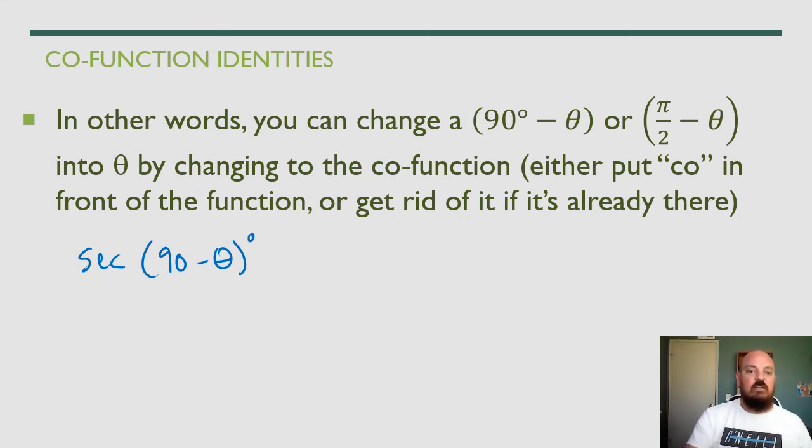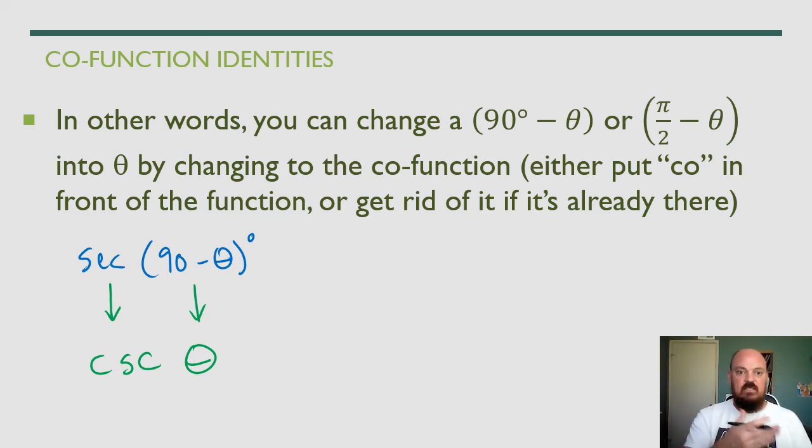So you say to yourself, I can change this 90 minus theta into just a theta by changing this into its cofunction. Now I look at the function, it's secant. It does not have the co in front of it, so I'm going to put it there. I'm going to change secant into cosecant. Now cosecant would be CSC. So if the question was like solve for theta and it said secant of 90 minus theta, that looks hard. If it says cosecant theta, that's much easier. So you've simplified the angle, which usually simplifies the question.